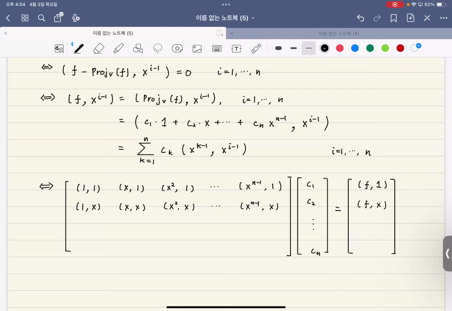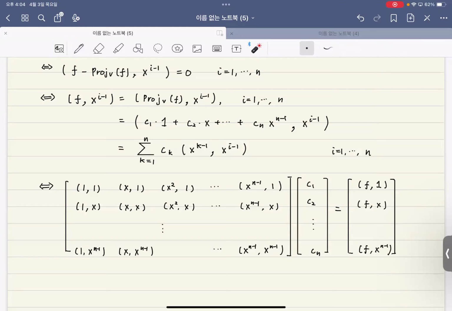This is the equation when i is 2. And so on, up to x to the n minus 1 with each of the basis functions, times cn, equals the inner product of f with x to the n minus 1.